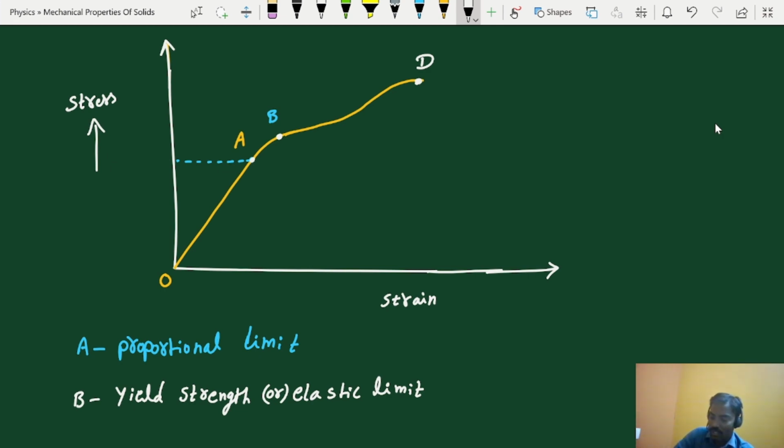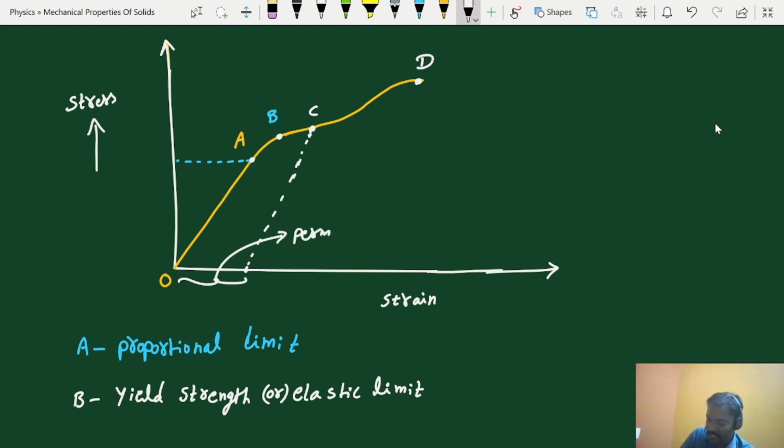So at any point here, if you remove the load, stress is 0. Even though the stress is 0, strain is not 0. So it will set permanently at one particular point. Say it will be settling here. So this is said to be a permanent set.